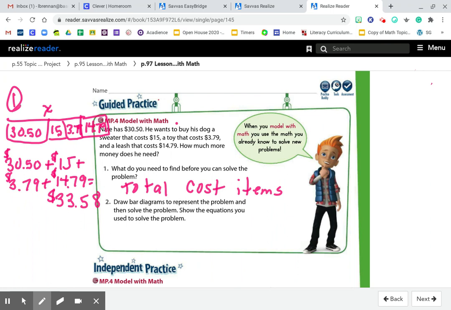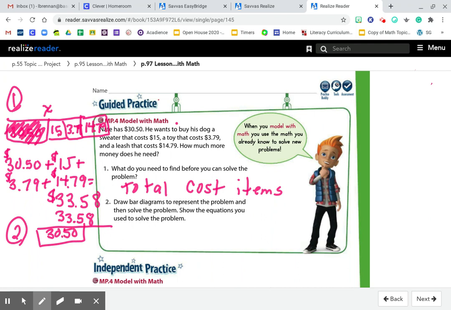And the second thing you're going to do is, the total cost is $33.58. He has $30.50. Wow, I just saw a giant mistake there. There we go.